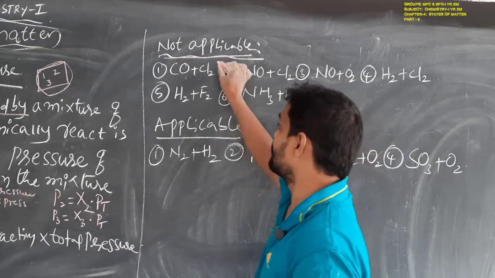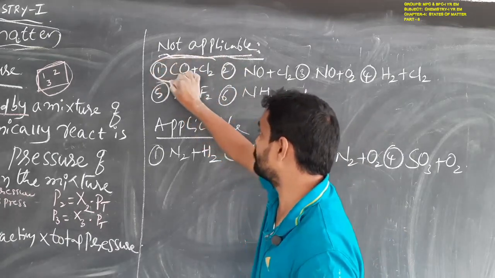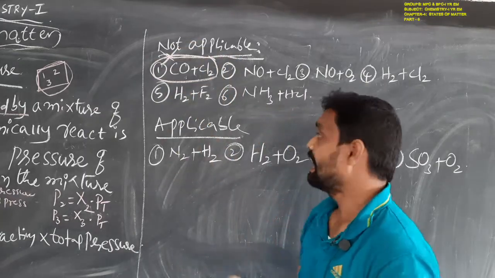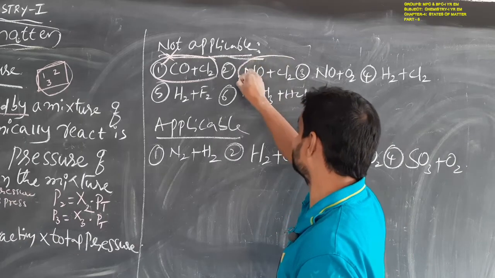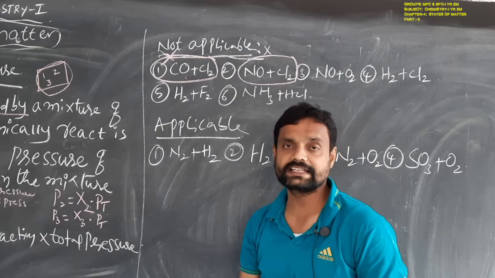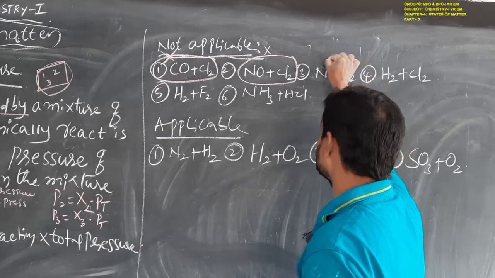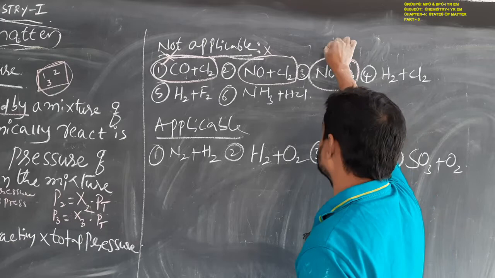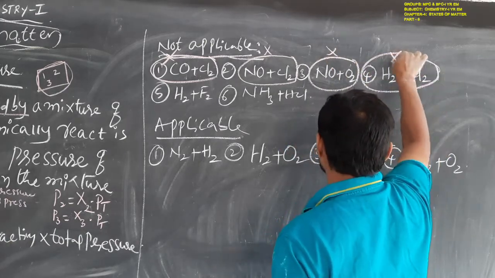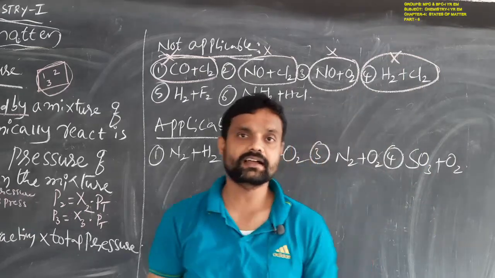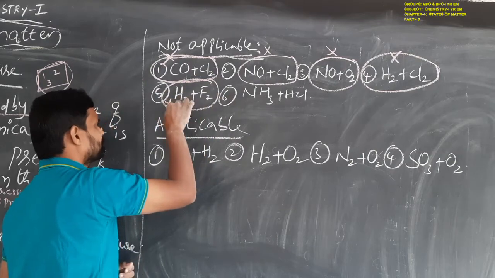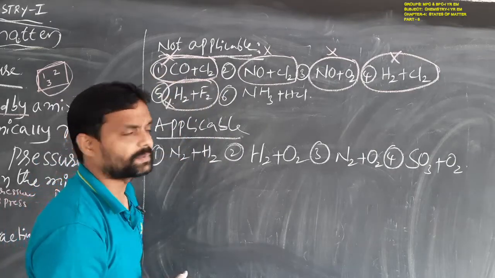For example, carbon monoxide and chlorine, in this mixture Dalton's law is not applicable. Another set, nitric oxide and chlorine gas, in this set also Dalton's law is not applicable. Similarly, nitric oxide and oxygen gas. Similarly, hydrogen and chlorine gas. Similarly, hydrogen and fluorine gas, also Dalton's law is not applicable.